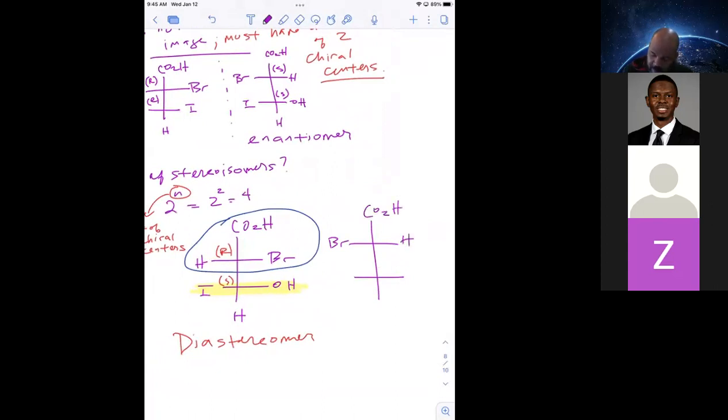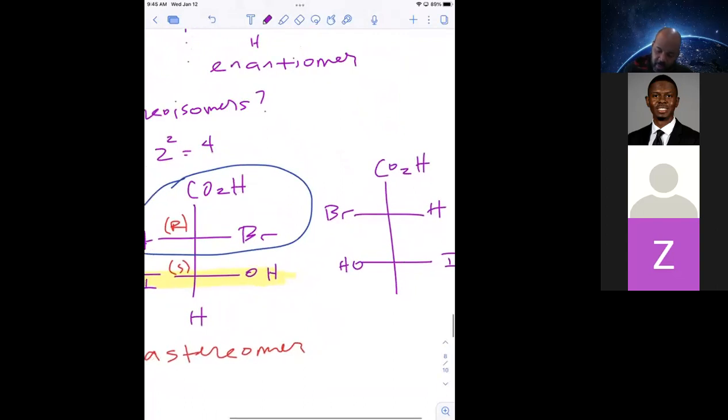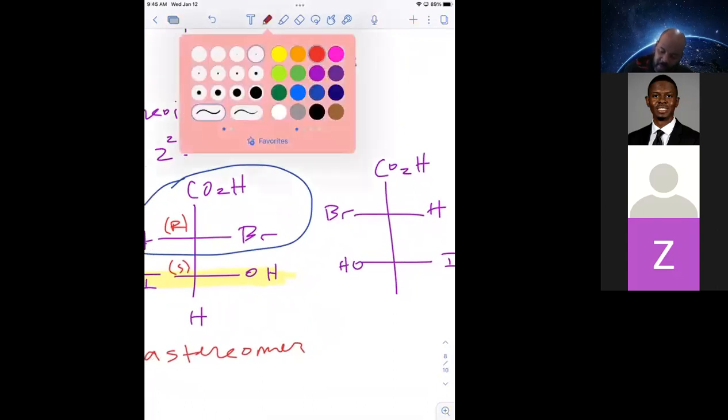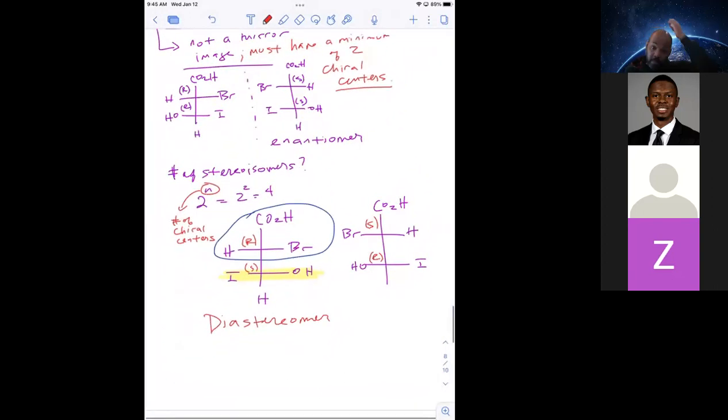That stays the same. And then I want to go back to the original on the bottom. So the bottom we know is R, because that doesn't change. And then the top we're going to say is S. Is that right? Yes. So those are my 2 diastereomers for a total of 4 stereoisomers.